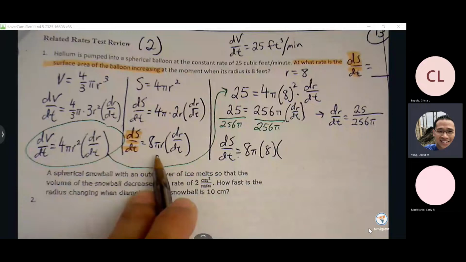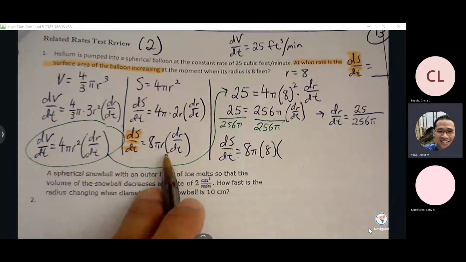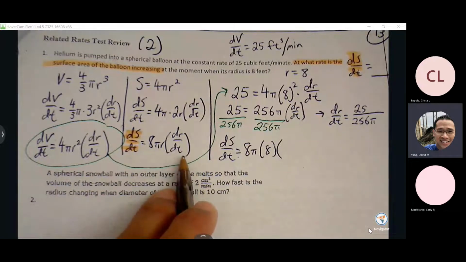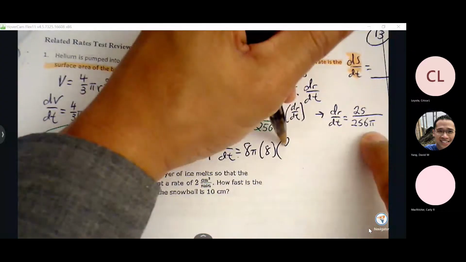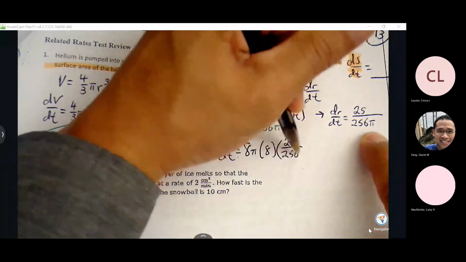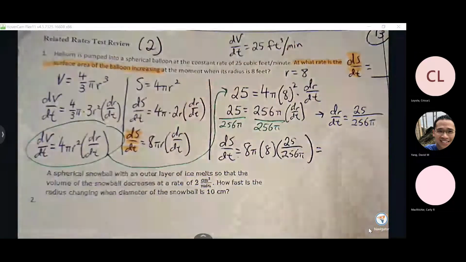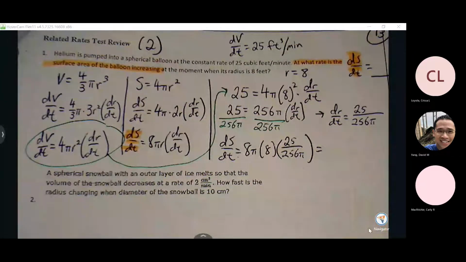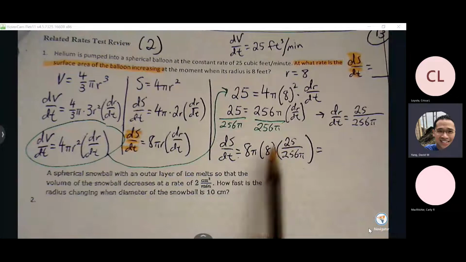So now we're ready for dS/dt. Replace 8 in for R. Replace dR/dt with what we just found. Pi's cancel out. The rest we can just use our calculator to reduce.